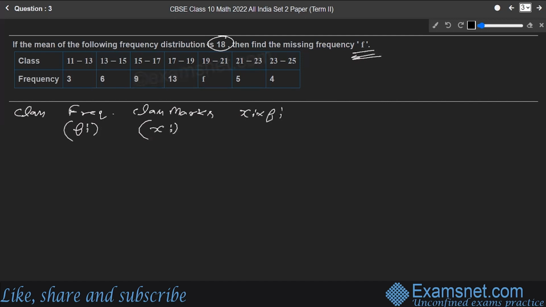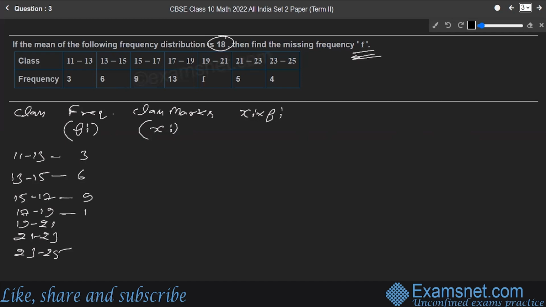Let us write the class values. There are different categories. 11 to 13 is a class, 13 to 15 is a class, 15 to 17, 17 to 19, 19 to 21, 21 to 23, and 23 to 25. These are the various classes. The frequencies corresponding to them are 3, then 6, then 9, then 13, then F, which is unknown, 21 to 23 is 5, and 23 to 25 is 4.